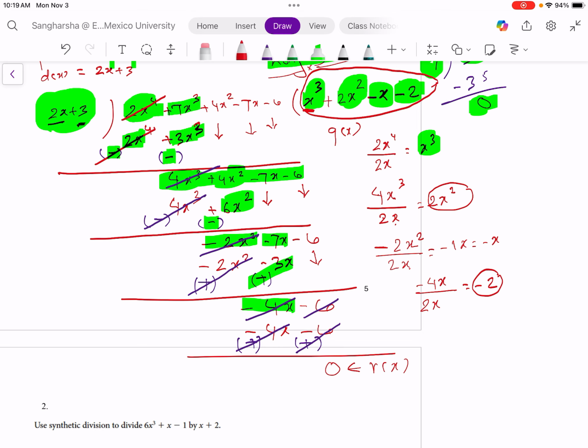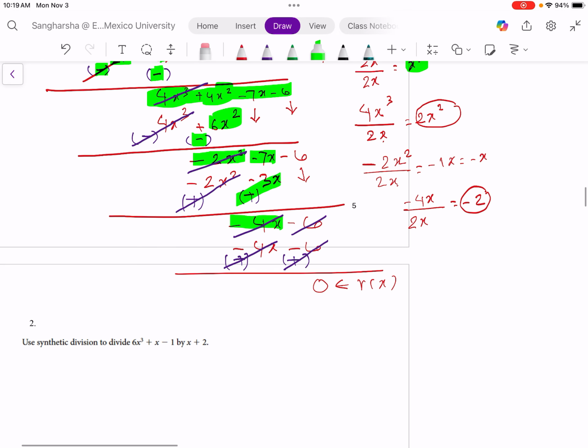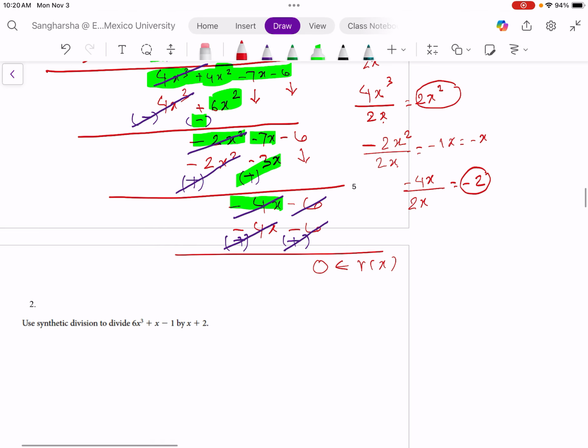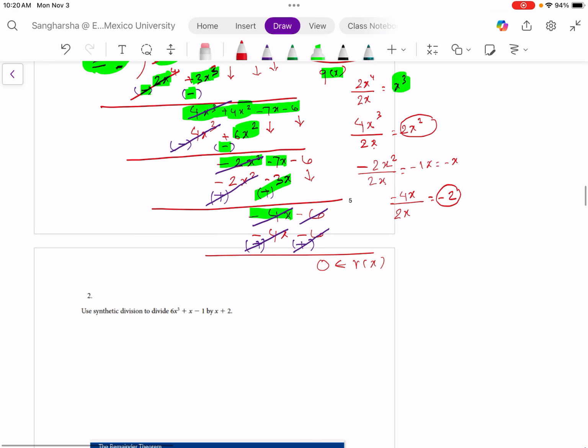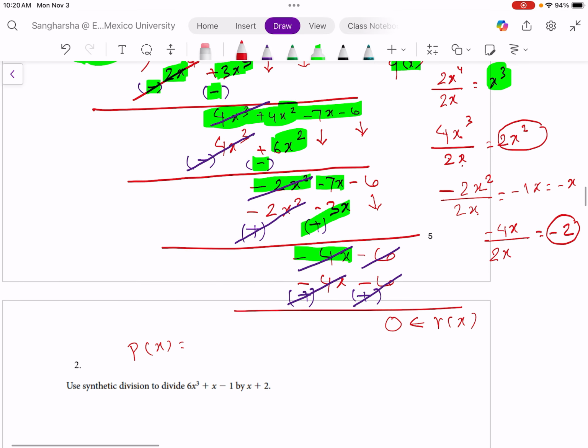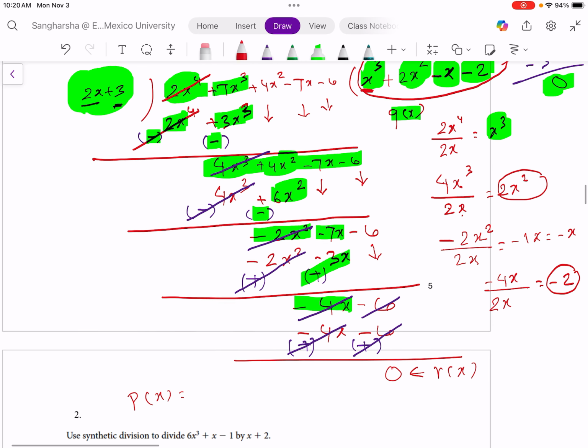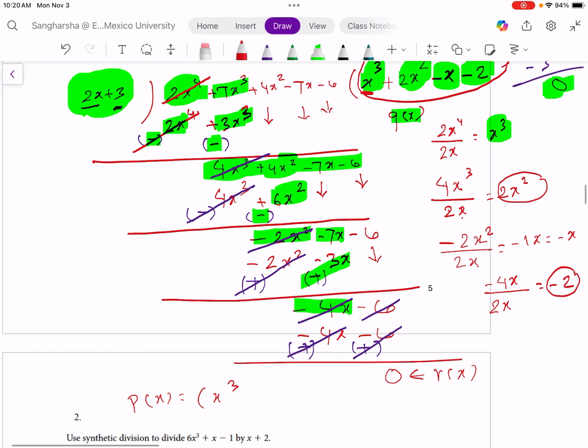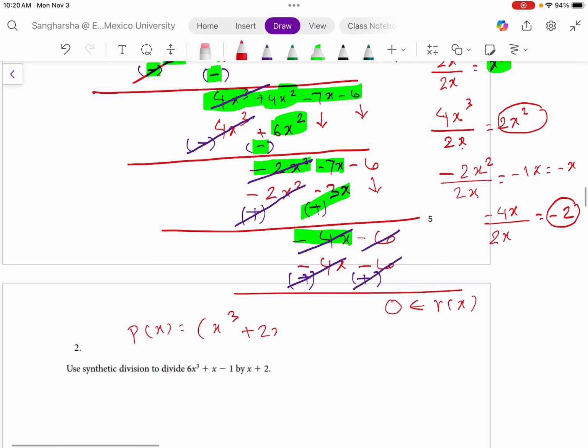Now, since the remainder is 0, what can we say about our quotient q of x and the divisor d of x? Both of them are factors of our polynomial p of x. Okay, and as mentioned in the definition, we can write our polynomial p of x. So we can rewrite p of x as the quotient times the divisor plus the remainder. Our quotient is x cubed plus 2x squared minus x minus 2.